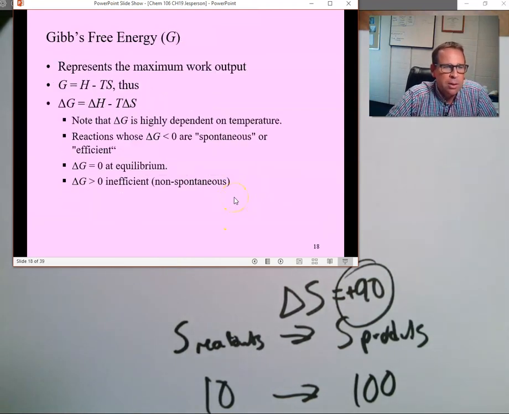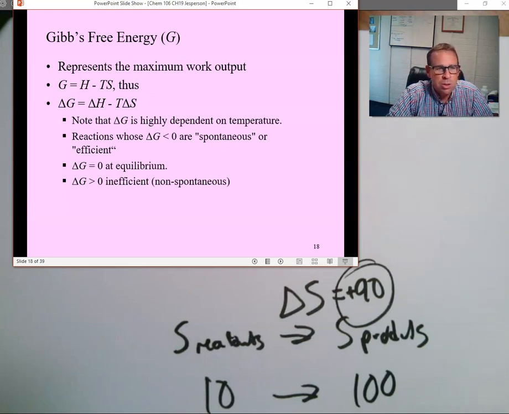All right. And we provide a new thermodynamic parameter for this to have it all into one statement, which we call Gibbs free energy, delta G. Delta G is a combination of the energy released in the form of heat and the entropy change in a chemical reaction, which takes into account the work as well.